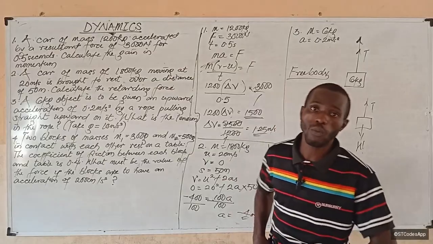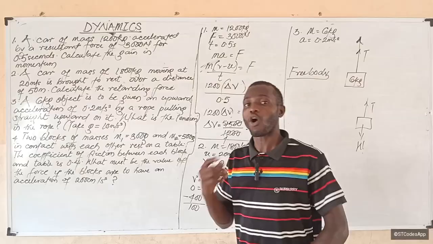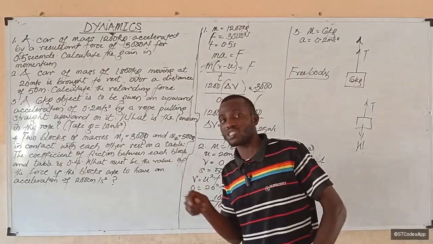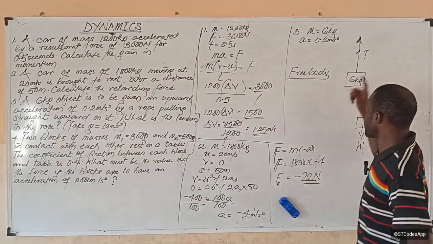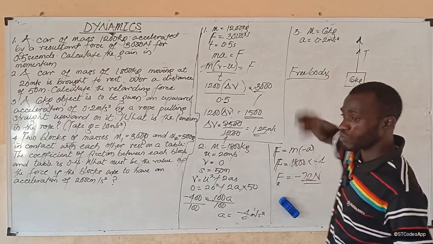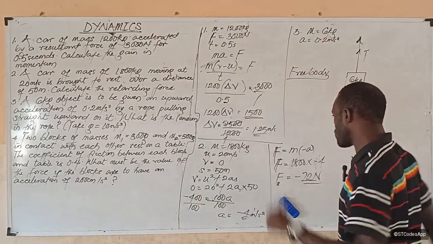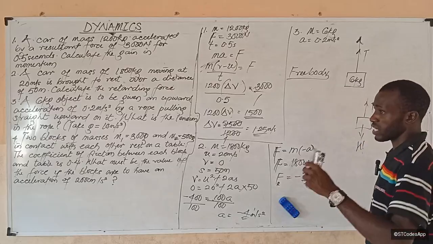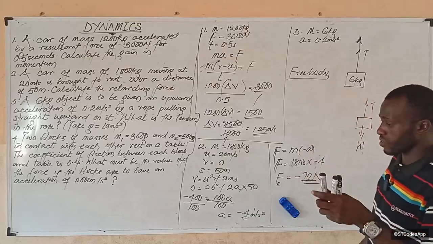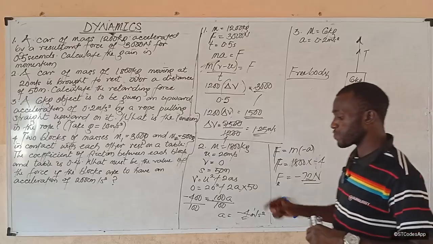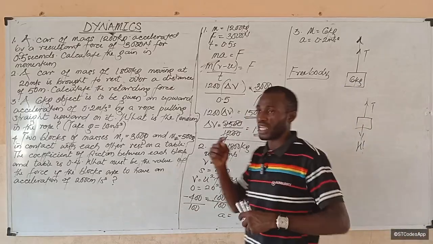If you throw it upward, that is opposite direction, so that is negative g. So in this case also, any force in direction of motion is positive, and any force opposite direction of motion is negative.